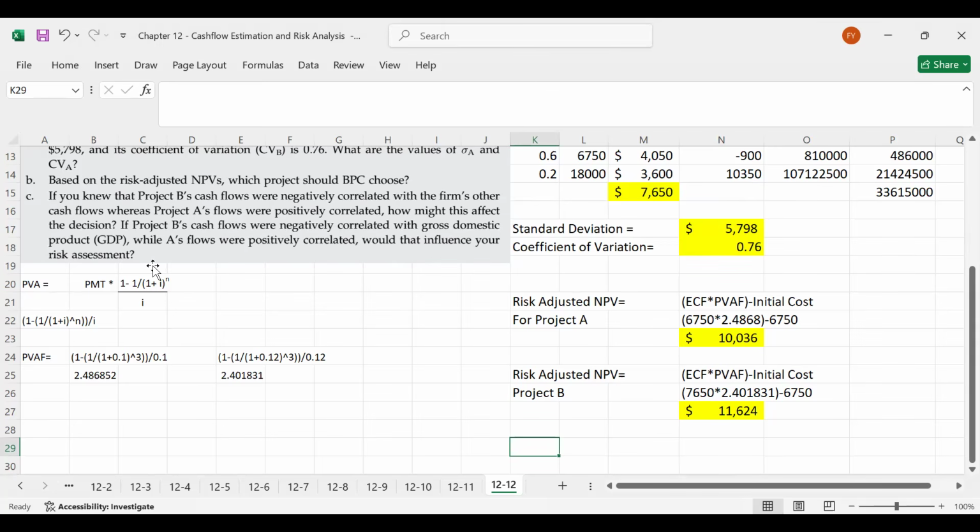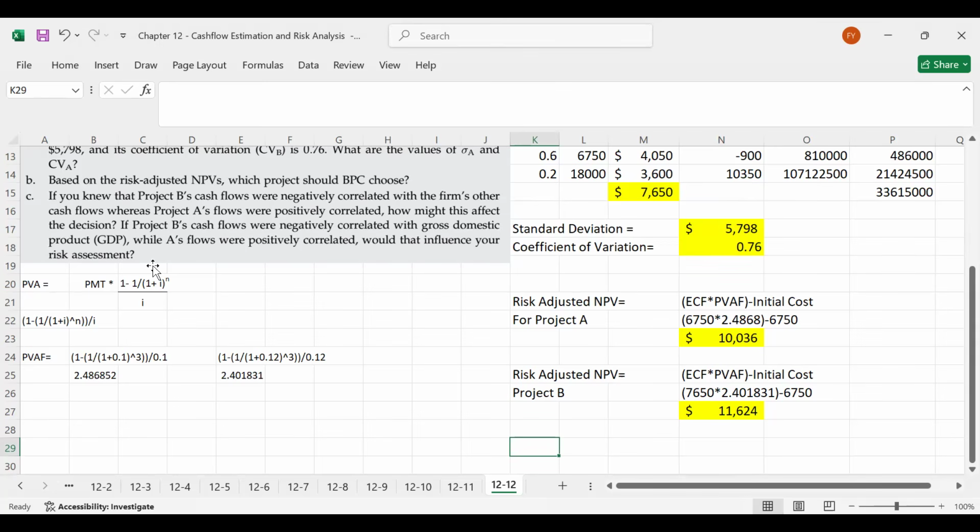Yes, of course, because positive correlation with GDP aligns with economic cycles, which means that it could affect risk in economic downturns or in bad economic conditions.